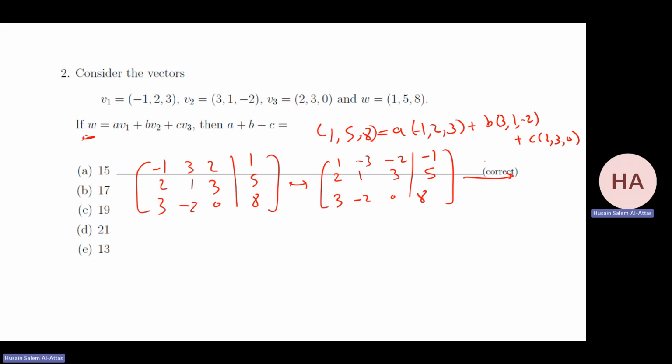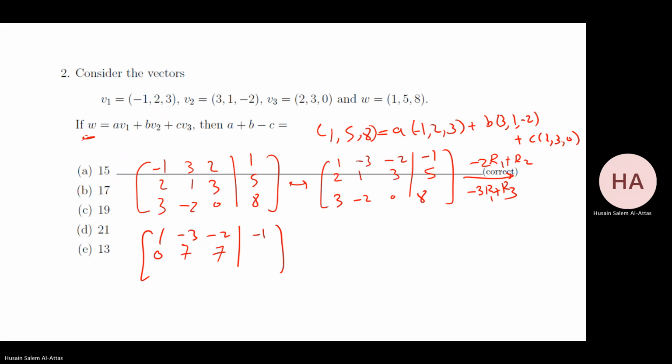Now multiply by minus 2 R1 plus R2, minus 3 R1 plus R3 to get what? That will be 0. That will be 7. That will be 7. That will be 7.